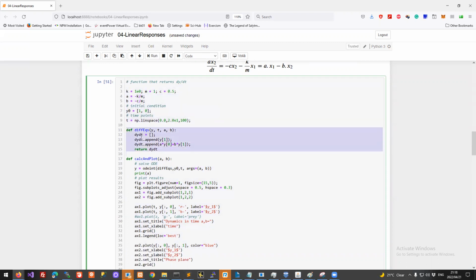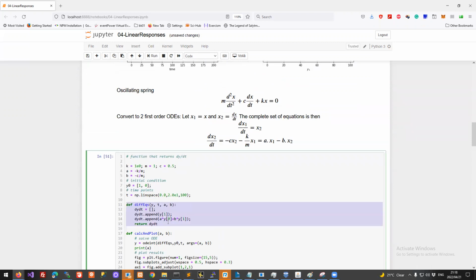And if you look here, these are the same as these equations. So you can say dy1 dt equals y2. So here we have dy1 dt equals y2, right? Y brackets 1 here, that's referring to the second, right? 0 is the first and 1 is the second.